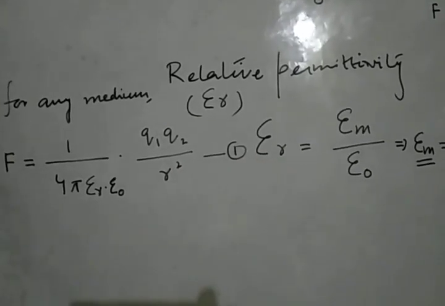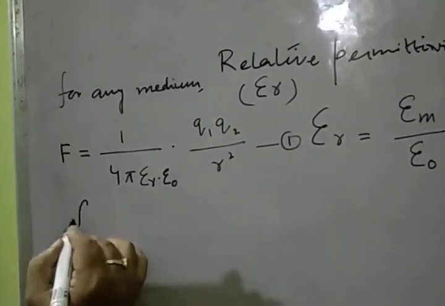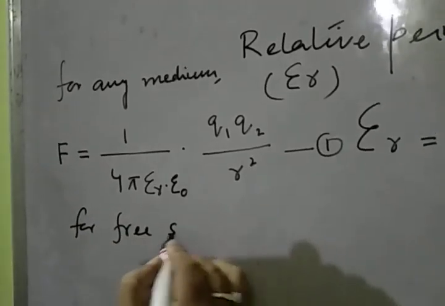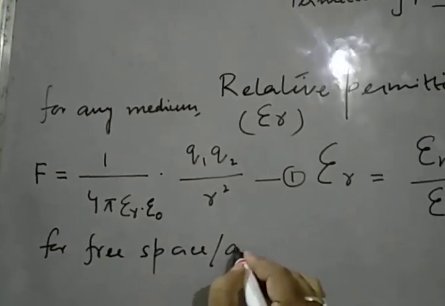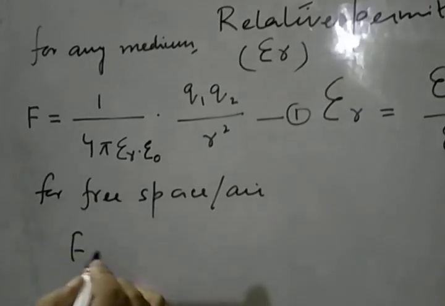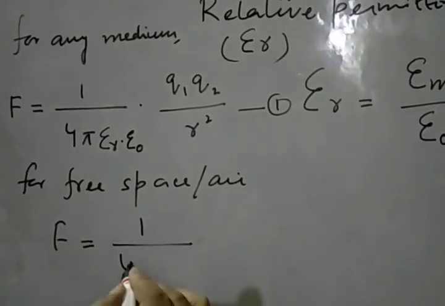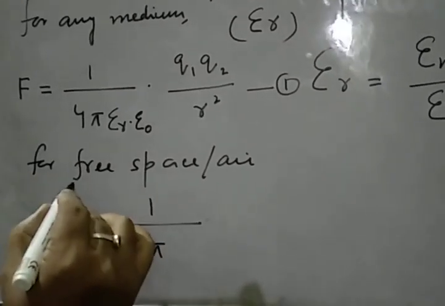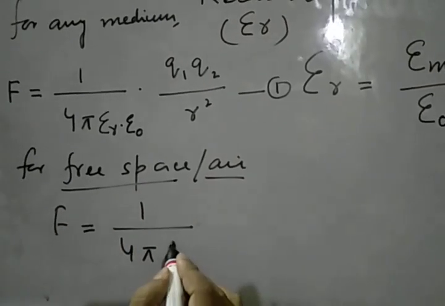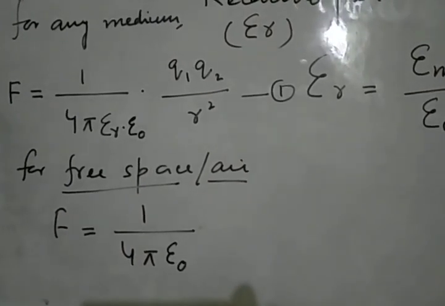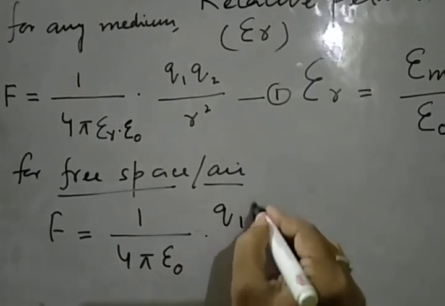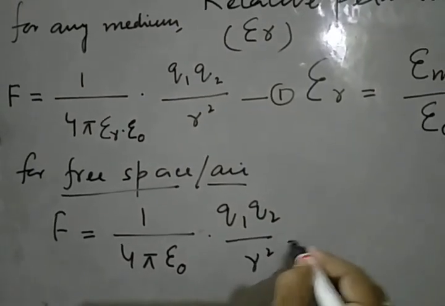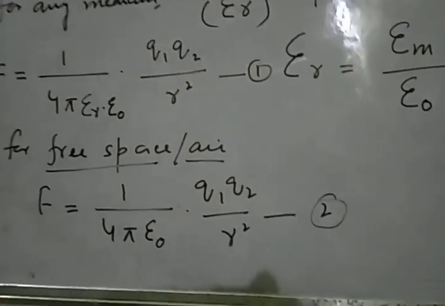Equation number 1. Let me put for free space or air, F equal to 1 by 4 pi epsilon naught into Q1, Q2 by R square, equation number 2.